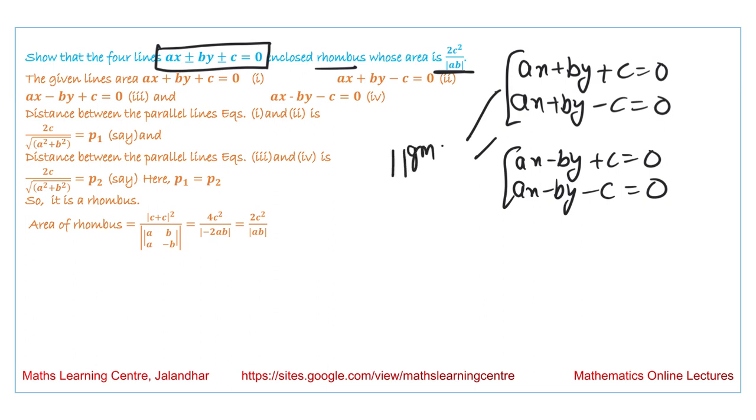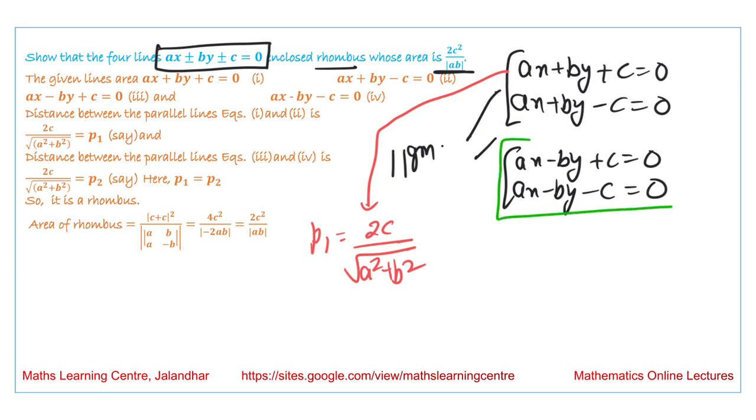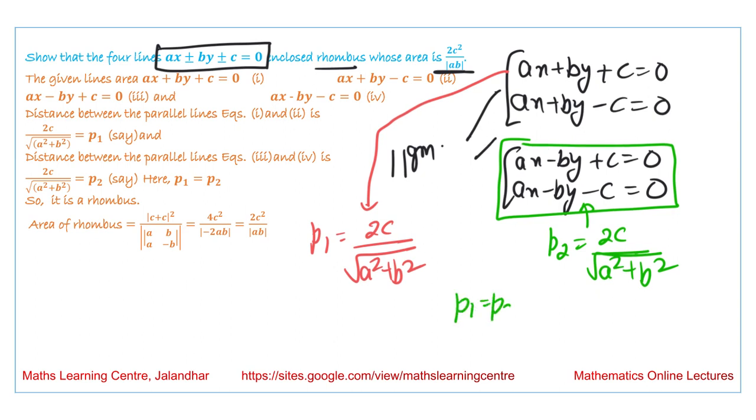Now if we calculate the distance between the first pair, the answer we obtain is P1 is equal to 2c over square root of a square plus b square. If we calculate the distance between the second pair, the answer we obtain is P2 is equal to 2c over square root of a square plus b square. Clearly P1 is equal to P2.